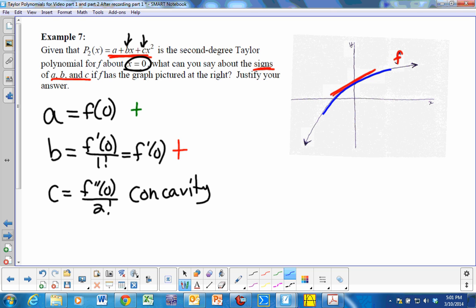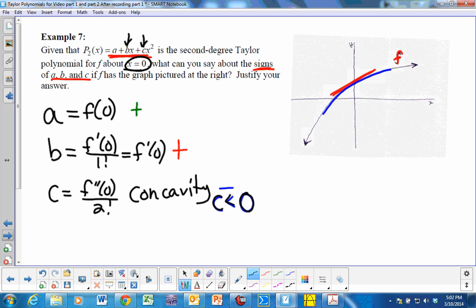So therefore, this must be negative, because if you have concave down, you have to have c less than 0. So there we go: a is positive, b is positive, c is negative. And that's kind of how this is all relating to each other.